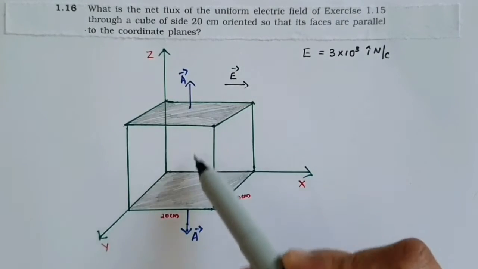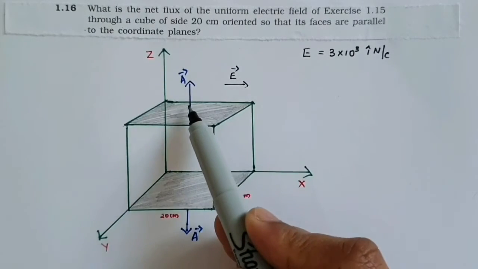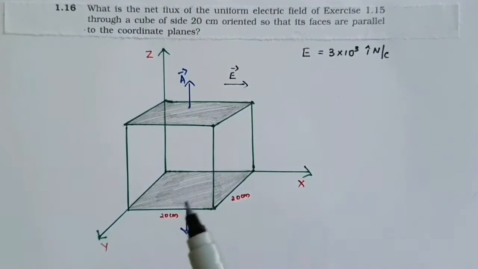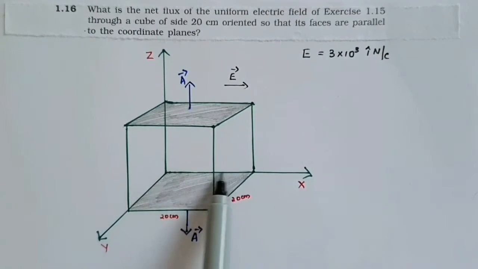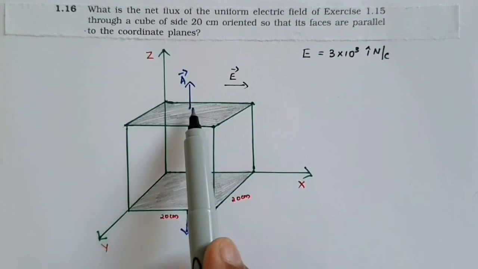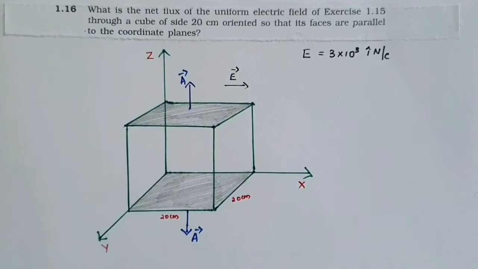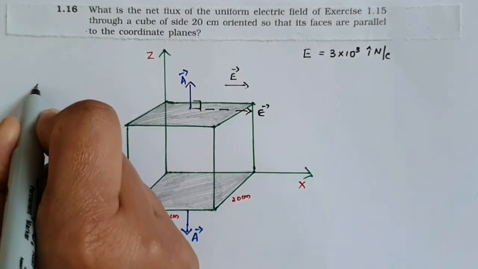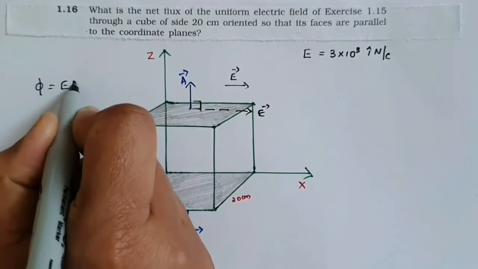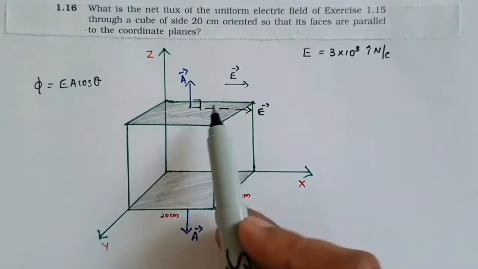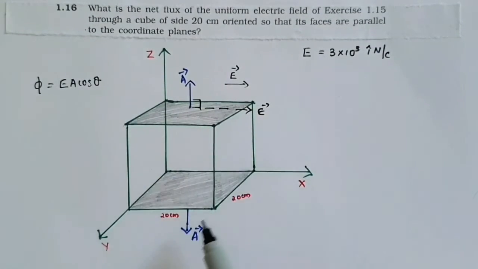Consider the top and bottom faces. The area vector is normal to the faces and the electric field is acting along x-axis. Therefore, the angle between A and E is 90 degree. Now, what is flux? Phi is equal to EA cos theta. Here, theta is 90 degree.